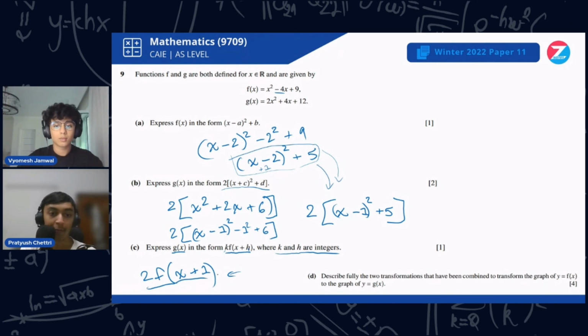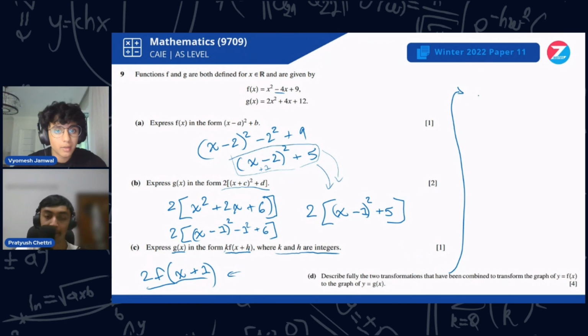This is our form. So Vyomesh, can you tell us what transformations we just did and in what order? Sure. So first of all, we are shifting it to the left by 1 unit. And then after that, we're scaling it on the y-axis by 2. To the left, so that's minus 1 unit.